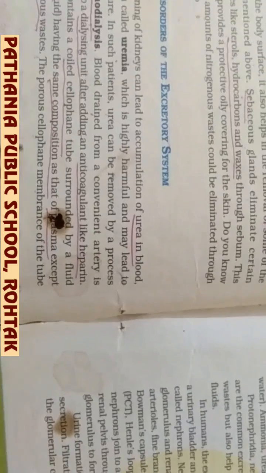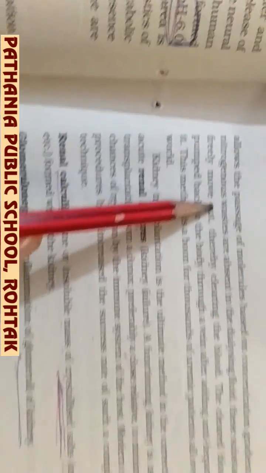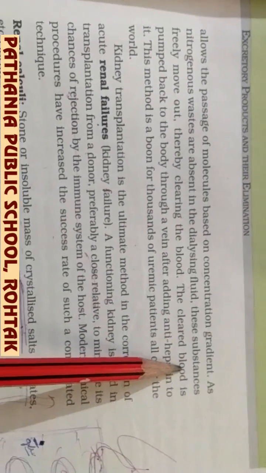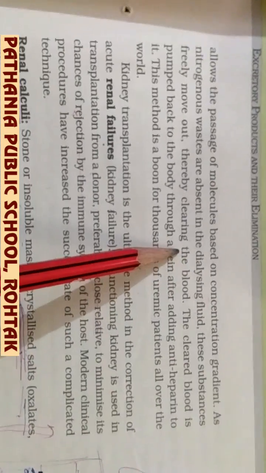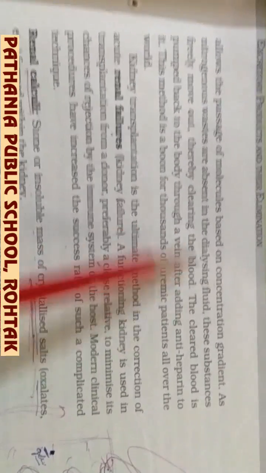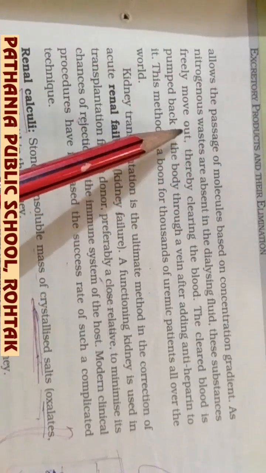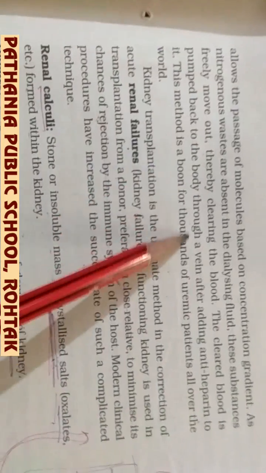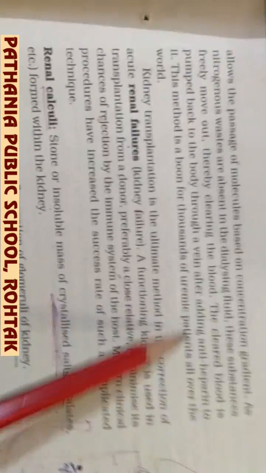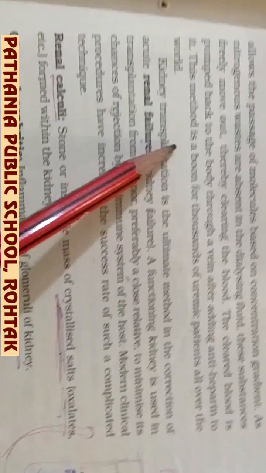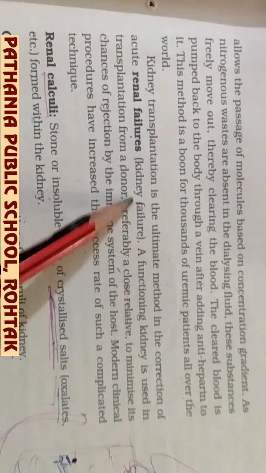And this cellophane membrane or tube allows the passage of substances based on their concentration gradient, that means higher to lower. Nitrogenous wastes are absent in the dialyzing fluid, so they will freely move out from the blood to the dialyzing fluid, and the cleaned blood is pumped back to the body through the vein, after adding antiheparin to it. That means it should not get coagulated inside the body also.